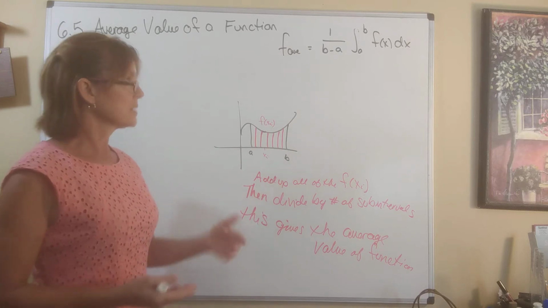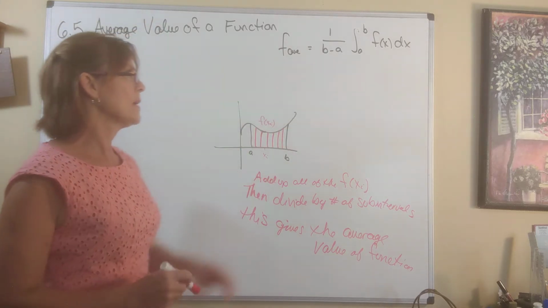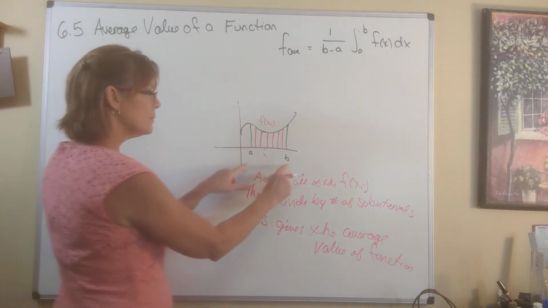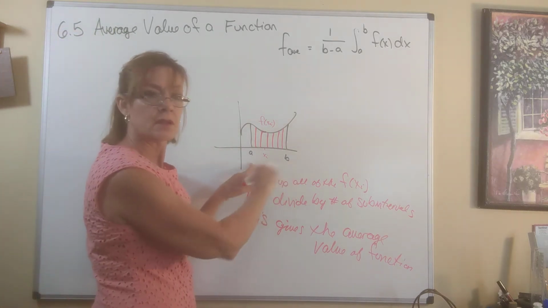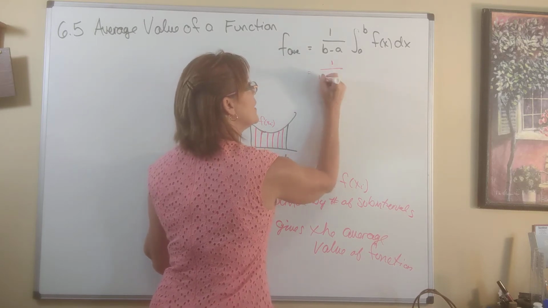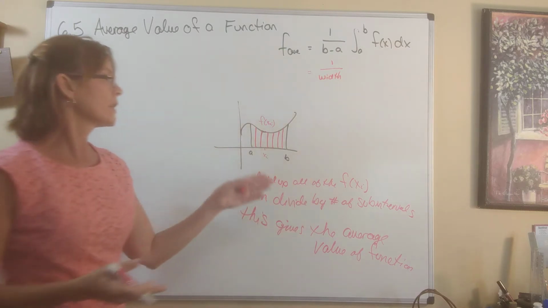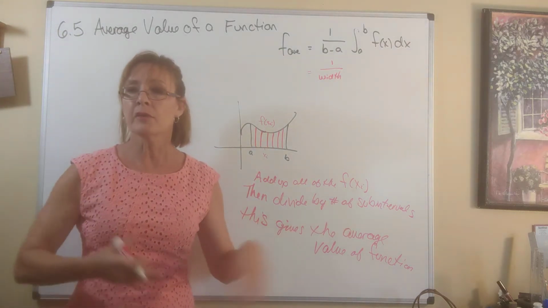Another way to think of this is that 1 over b minus a is the width of this region. So this is basically 1 divided by the width. And the integral under the curve is the area under the curve. We've learned that.